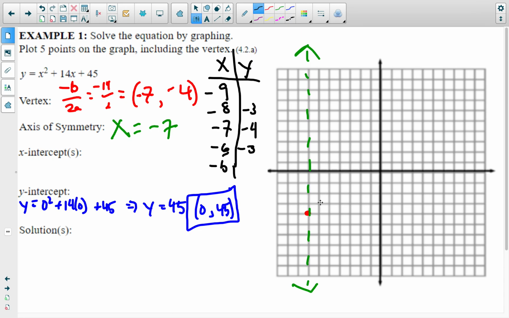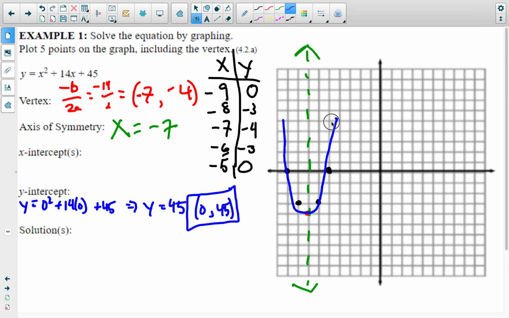And I'm going to go ahead and plot these points. All right, and then if we plug in negative 9, we're going to get 0. If we plug in negative 5, we're also going to get 0. All right, right here. So let's draw our parabola.